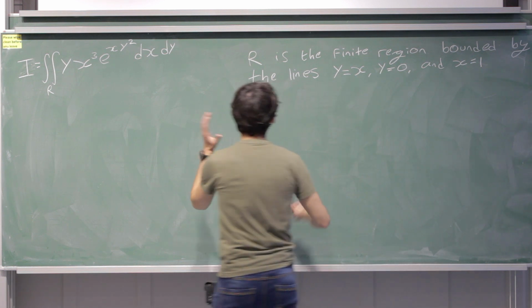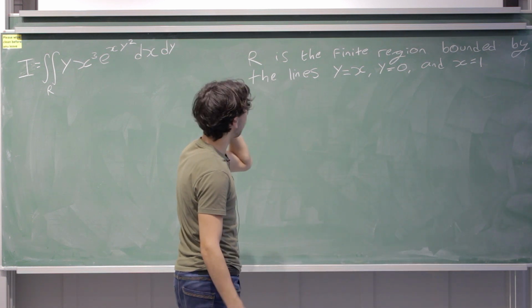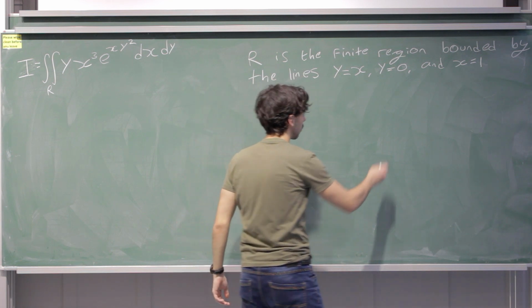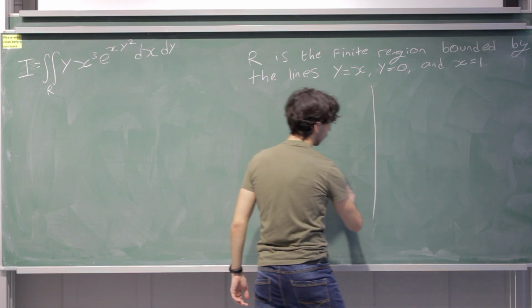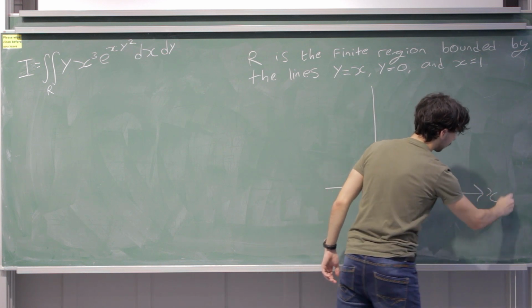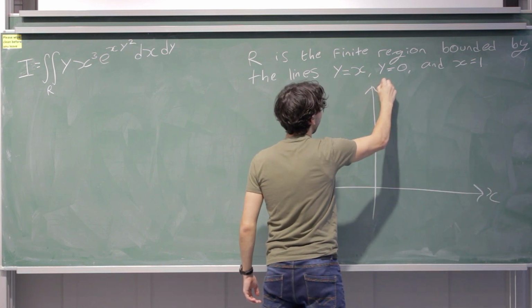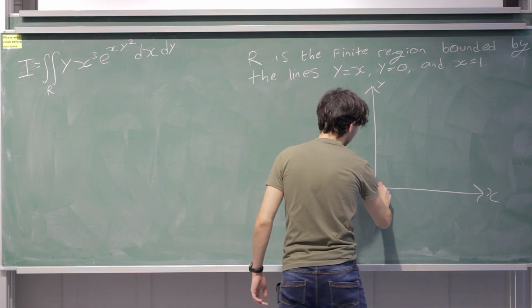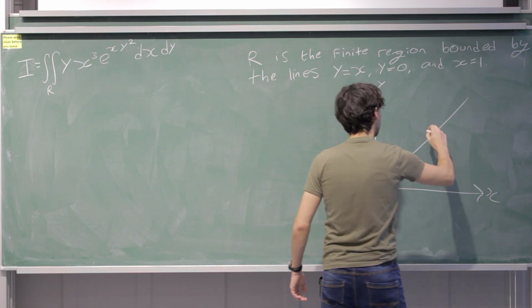So let's draw the region first of all. It's the finite region bounded by the lines y equals x, y equals 0, and x equals 1. There's our x-axis and here's our y-axis. The line y equals x looks like this.